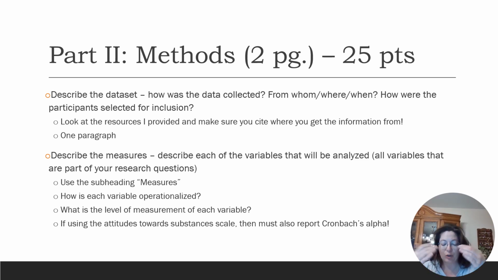For instance, if one of your variables is students' gender, then you can say that gender was operationalized based on the biological definition of sex as either male or female, and has a nominal level of measurement. So that's what operationalized means. How is it measured? And then make sure you specify for each one the level of measurement.